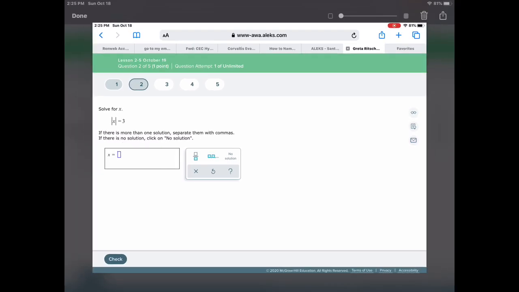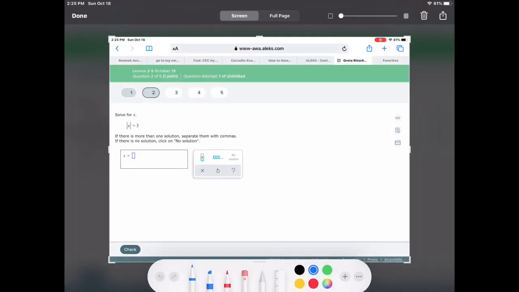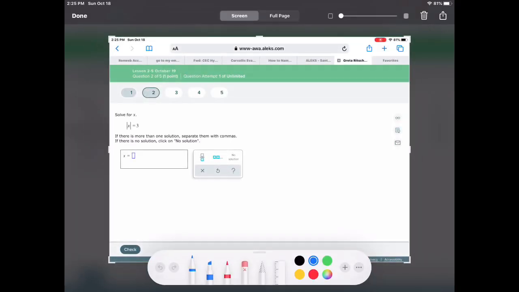In number 10, we're actually solving for x, and x is inside the absolute value signs. So we know from the experience of the last problem that what was inside that absolute value sign could have been 3, or it could have been -3. And so we need to represent both possibilities when we give our answer.